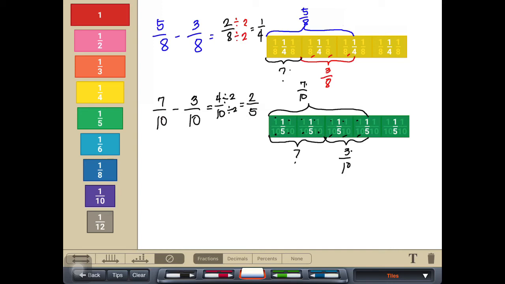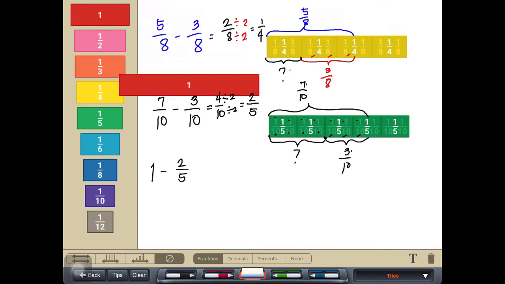Alright, and one last example for this video would be, say for example, I want to subtract 1 whole minus 2/5. Okay, 1 whole minus 2/5.